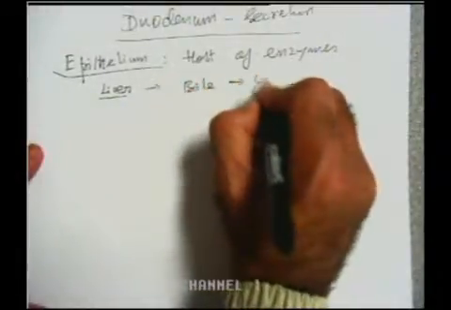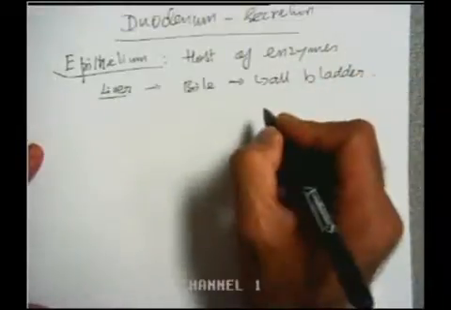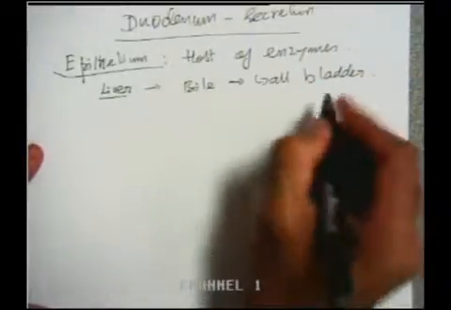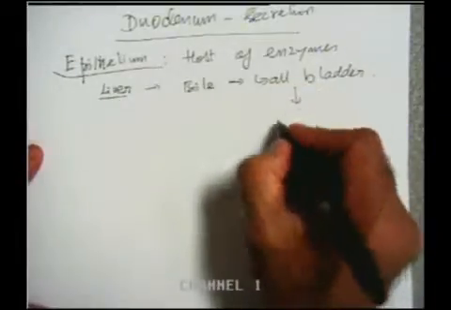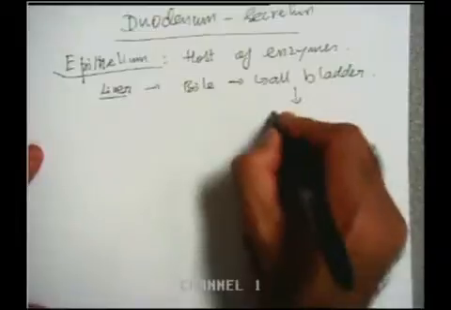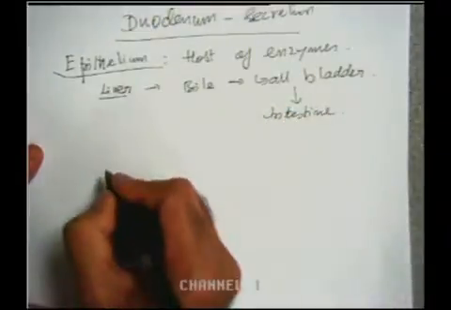These enzymes are coming from the liver, as I mentioned before, bile, which comes from the gallbladder. By contraction of the gallbladder, the bile is pushed into the small intestine.